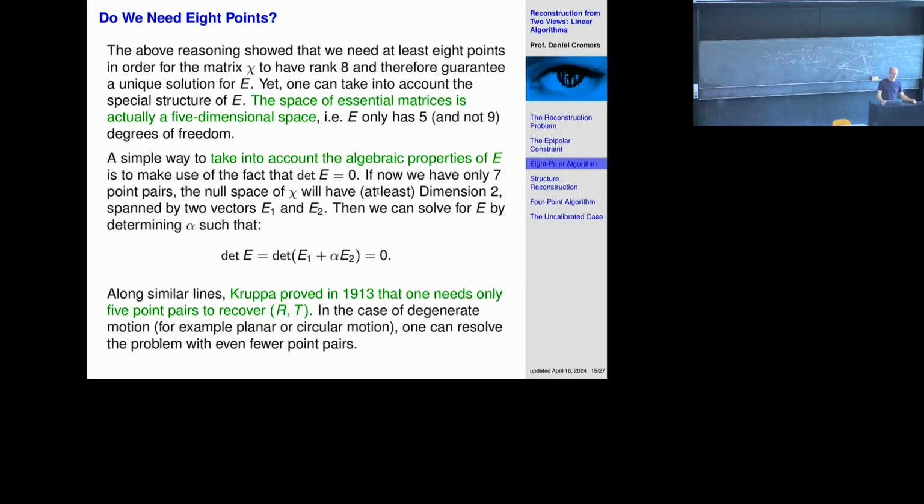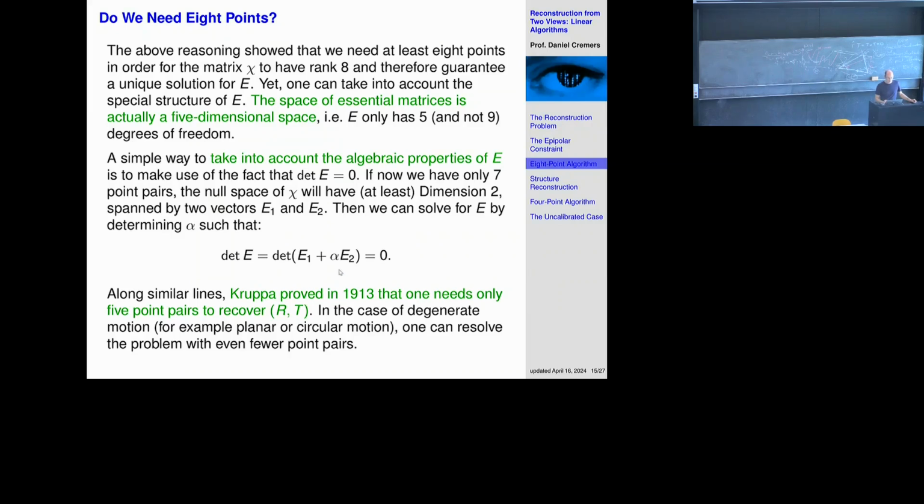And what we can do is we can take, for example, just 7 point pairs, in which case the rank of the matrix will be at most 7, and that means that we have a 2-dimensional null space. So we can compute the 2 vectors E1 and E2 that span this 2-dimensional null space. And we know the right essential matrix must be some linear combination up to scale of E1 and E2, so something of the form E1 plus alpha E2.